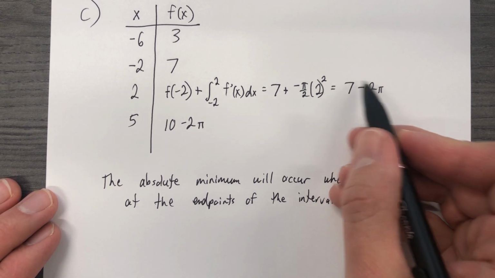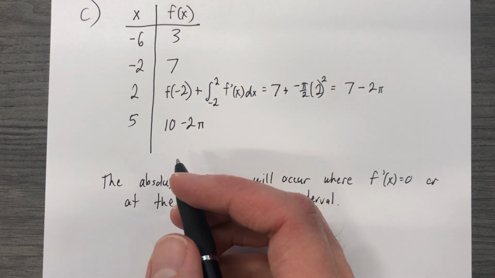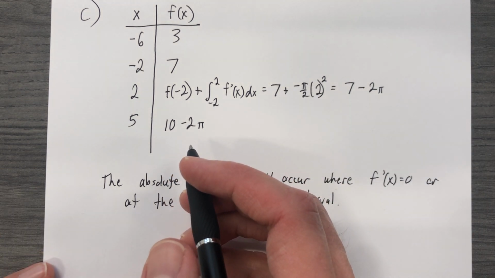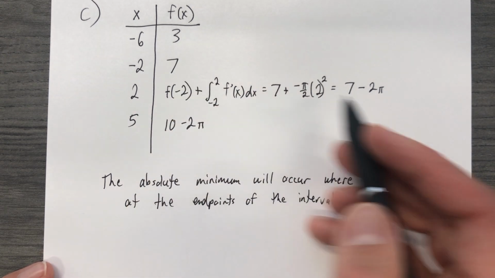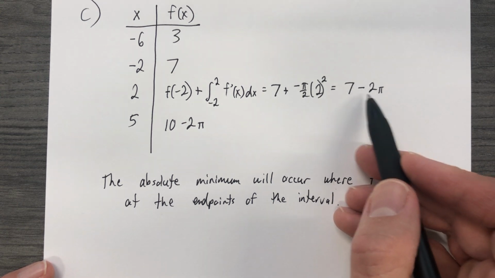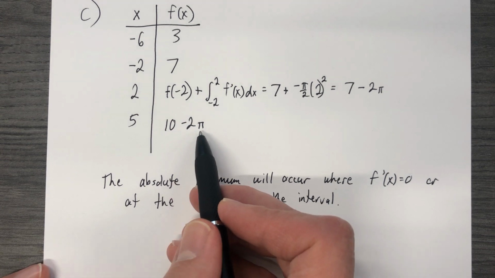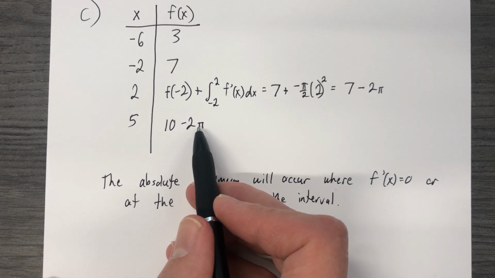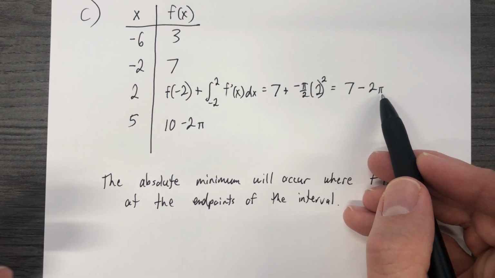Oh, no, I'm sorry. I said that wrong. 2 times 3 is 6.